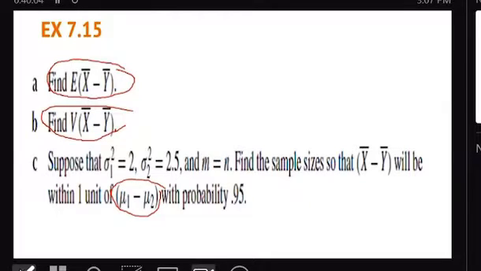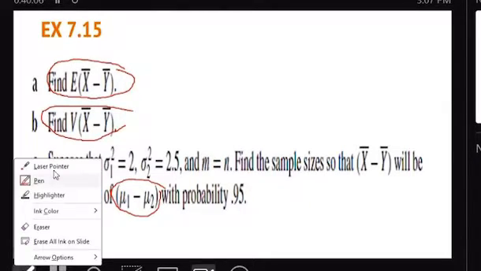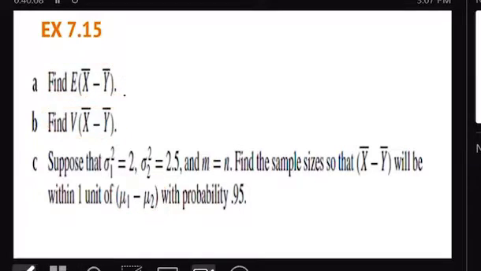Now I'm going to start with the first one. That will be super easy to do. This can be written, you can distribute that, as expected value of x bar minus expected value of y bar.